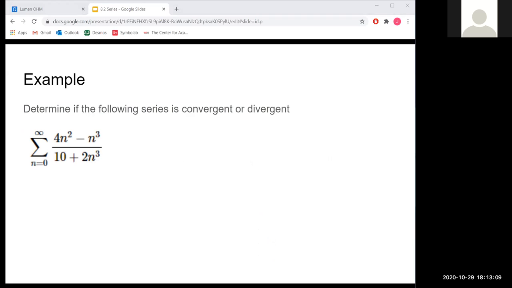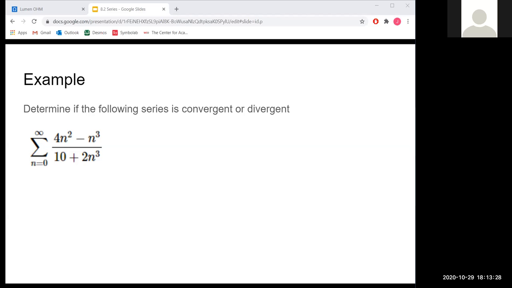This series is the summation as n equals 0 to infinity of (4n squared minus n cubed) all over (10 plus 2n to the third).